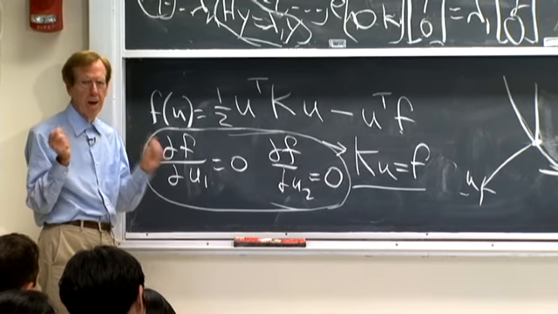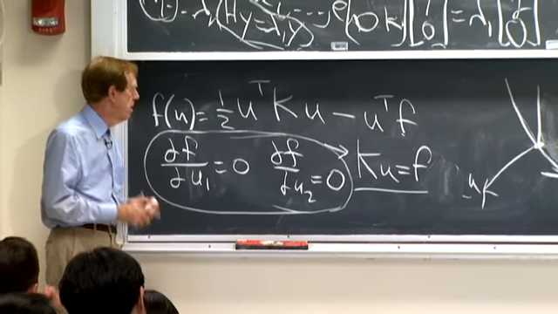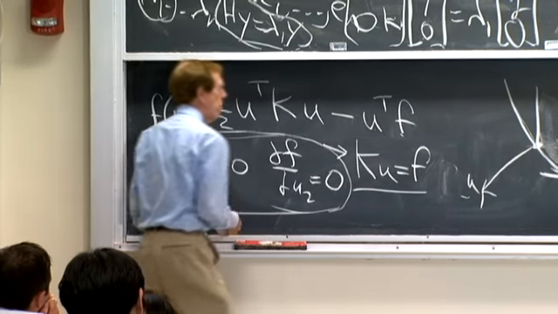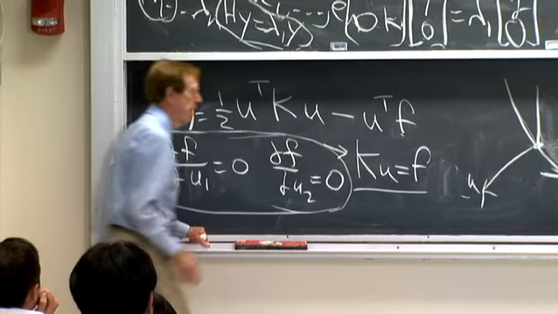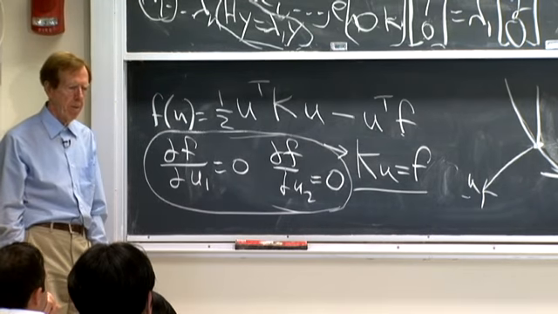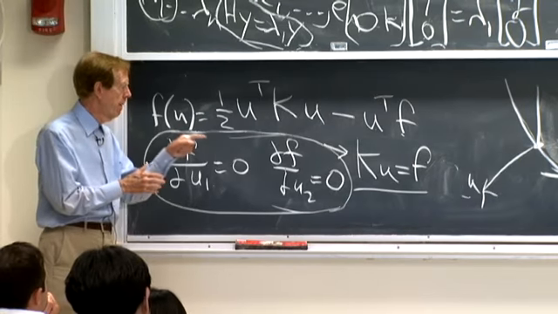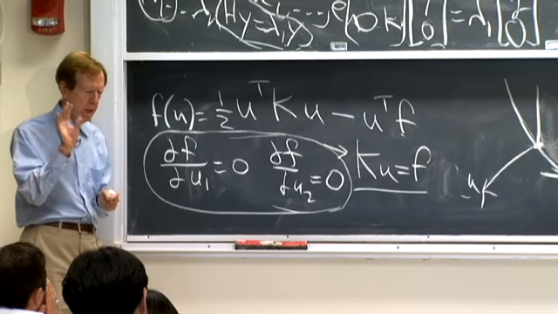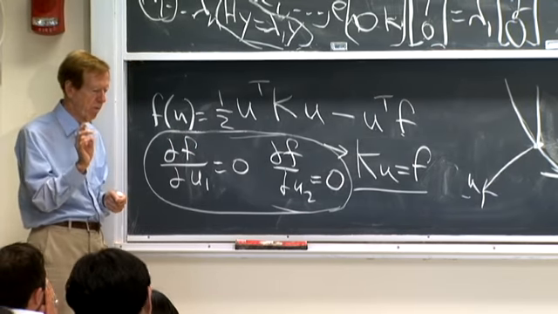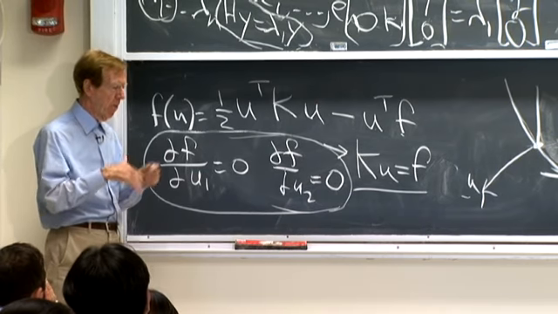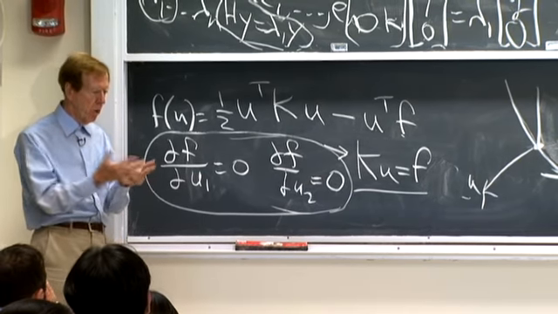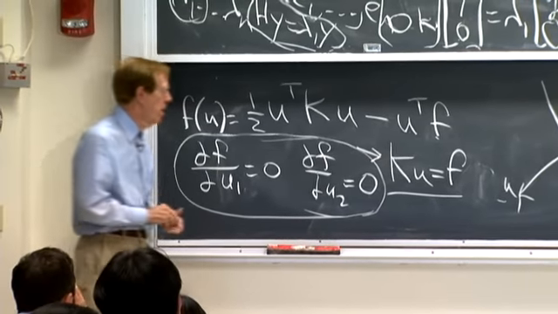The one thing you've got to remember is that when you minimize that quadratic, you get that system of equations. And then, of course, you have to solve that system. But this goes back to what I said at the first minute of today, that we have two ways of looking at a problem.